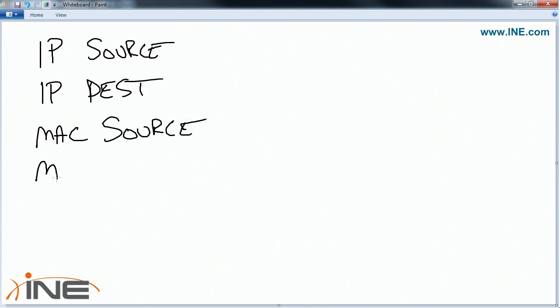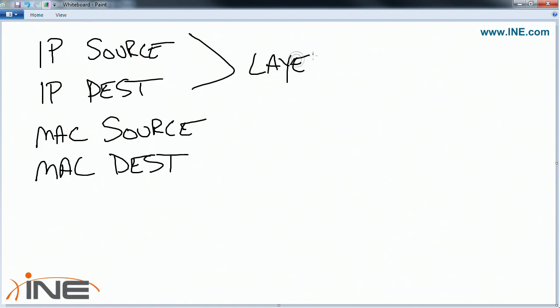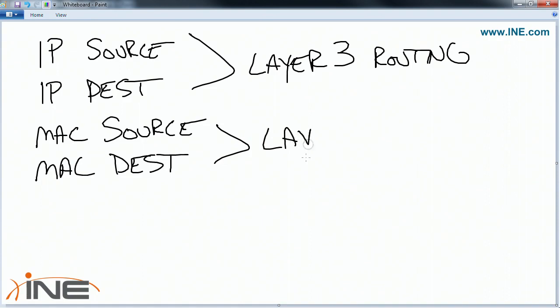And what is the layer 2 MAC address destination? Now the router is mainly concerned with the source and destination IP address. This is what we're going to do layer 3 routing based on. So when we look at our layer 3 routing protocols like RIP or EIGRP or OSPF, we're making our decisions on these fields inside of the packet. But the switch is making its decision based on these addresses, the layer 2 switching procedure, the layer 2 MAC addresses.